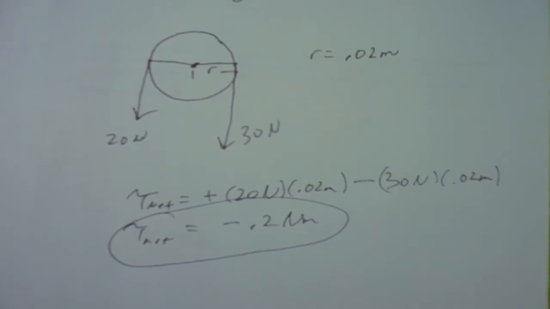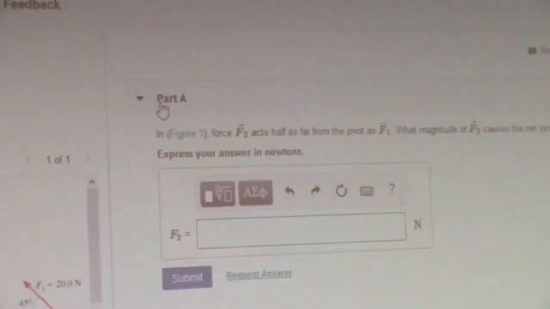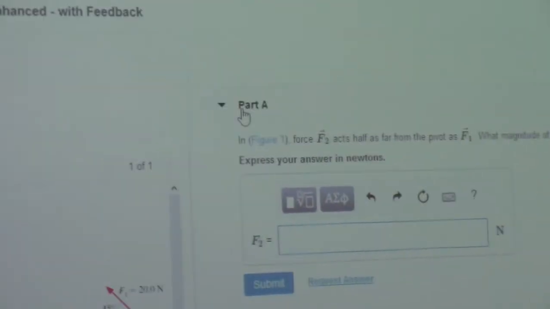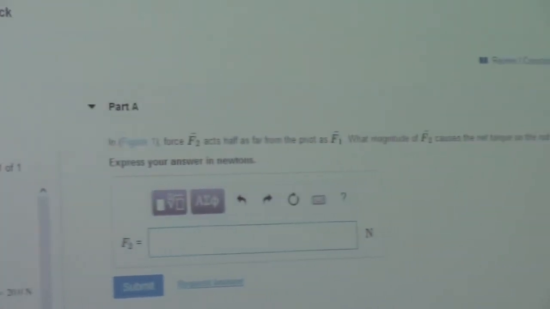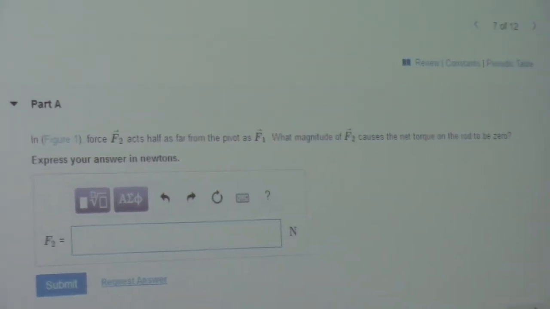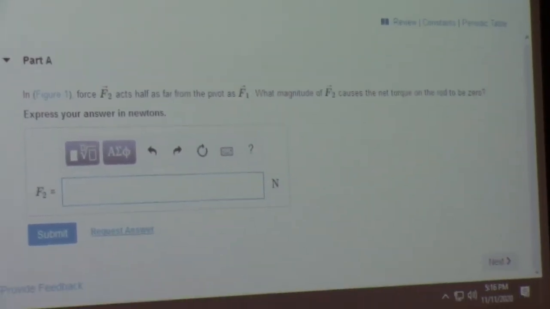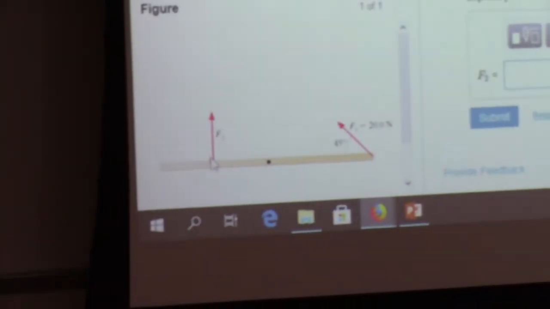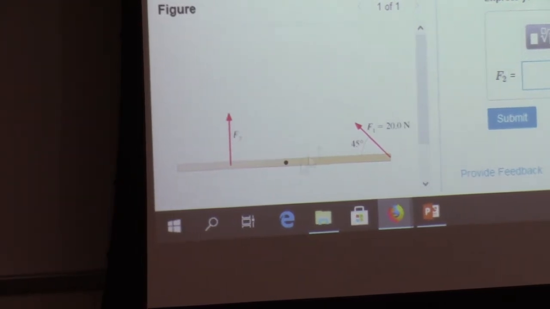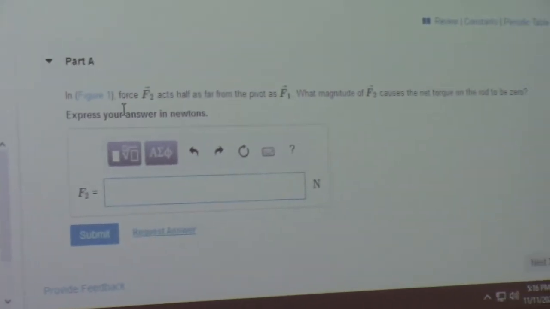This is a good one. Okay, so in this picture, you've got F1 over here at 20 newtons, but there's some kind of angle here, 45 degrees. And then here's F2 over here. It says F2 acts half as far from the pivot point as F1.